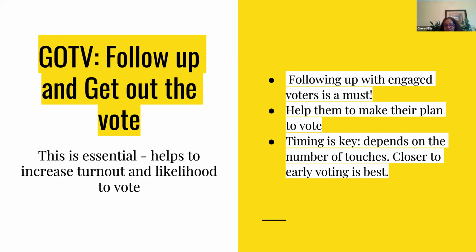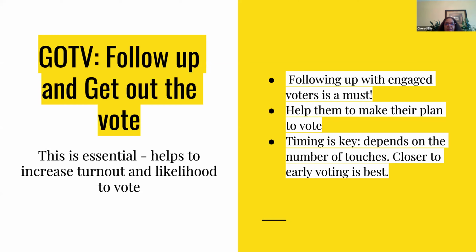And part of that follow-up is helping them to make a plan. I'm going to go a little bit more into detail about what that means. And then timing is key. I know so many of us have been so anxious, probably since April or May, but as we're thinking about engaging voters who maybe haven't been part of the process, maybe have been disenfranchised, or they maybe are an ex-offender, they may be moving frequently.